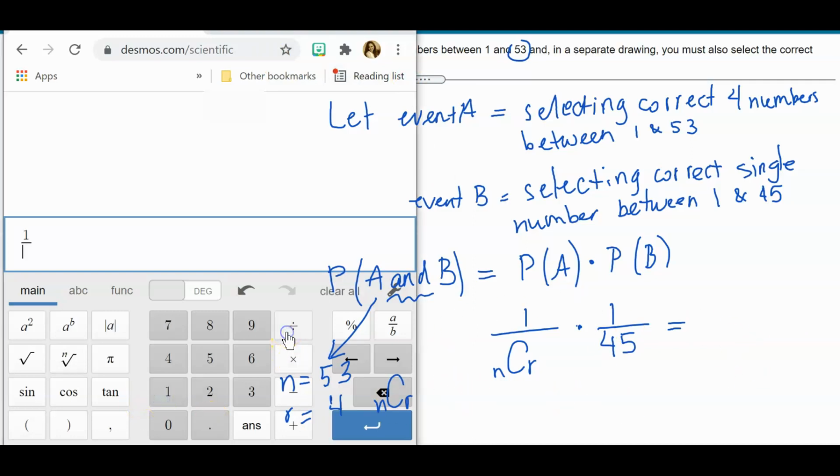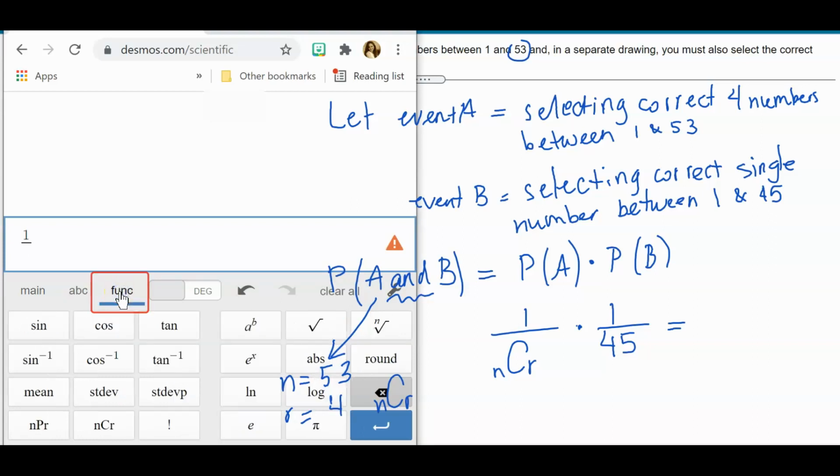1 divided by, go to Functions, find the combinations, nCr.